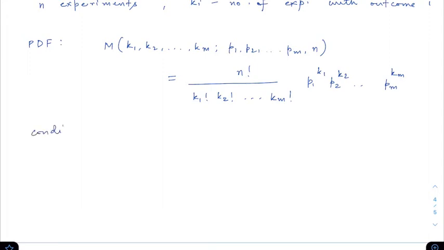And this is subject to the conditions that if we sum over all the probabilities, it should give 1. So sum over the pi, where i goes from 1 to m. And sum over the numbers of the different outcomes should total the number of times the experiment is conducted. So sum over ki, where again i goes from 1 to m, should give me n.